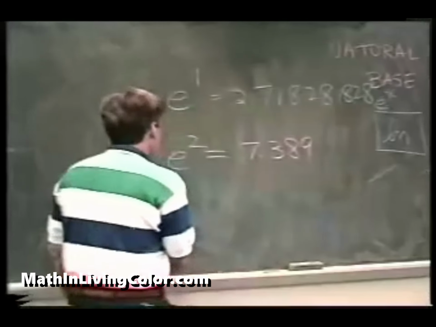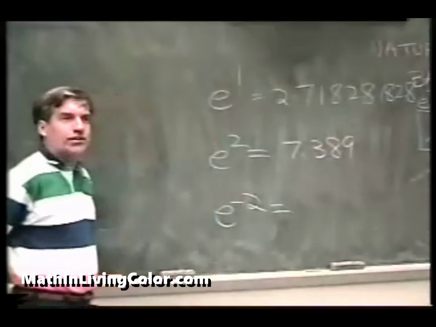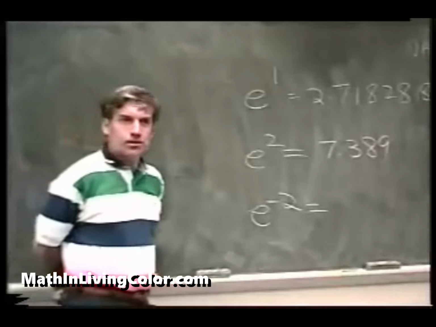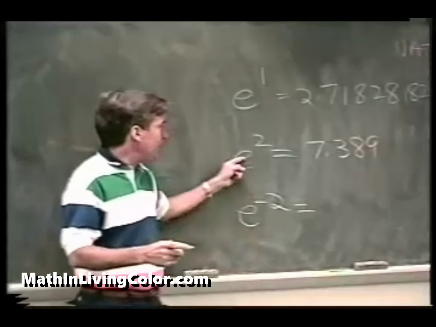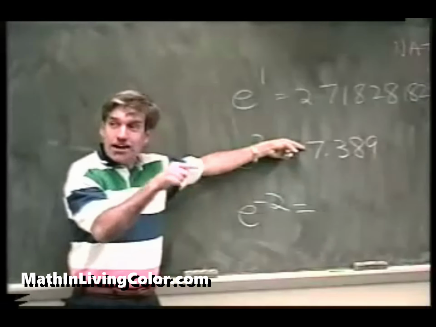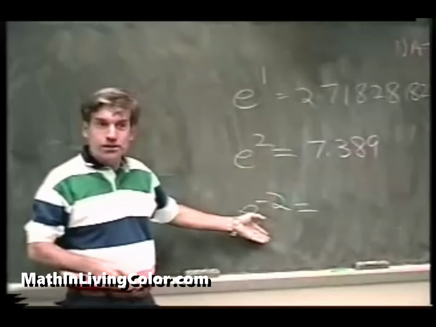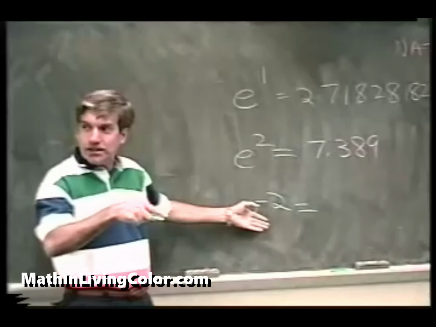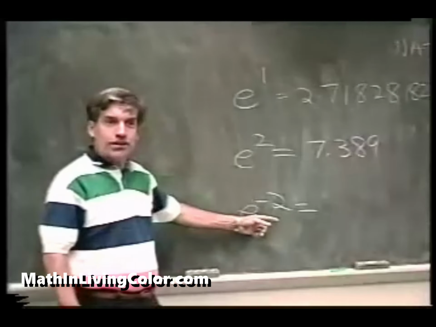Okay. Well, what if you wanted e to the negative 2? Can you get that? Yeah, shift ln. By the way, if you already have e to the 2 in the calculator, how can you get e to the negative 2? That's just 1 over it, isn't it? Do you have a 1 over x button on your calculator? Push the 1 over x button, and that'll give you the answer.